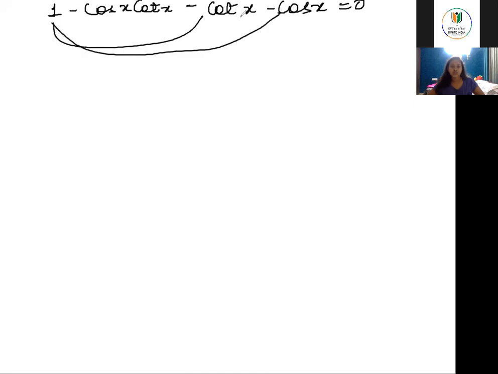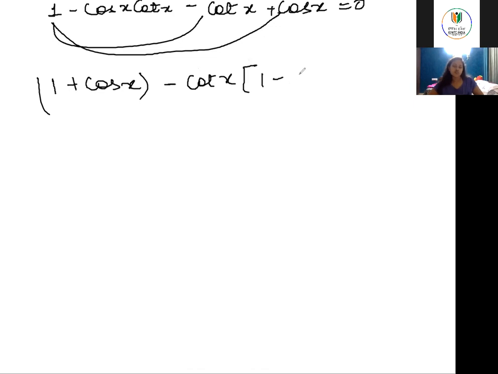Okay, so let's club 1 minus cos x here, 1 minus cos x, and what you are left with here? So this is plus, sorry, this is plus. So take minus here and cot x is common.